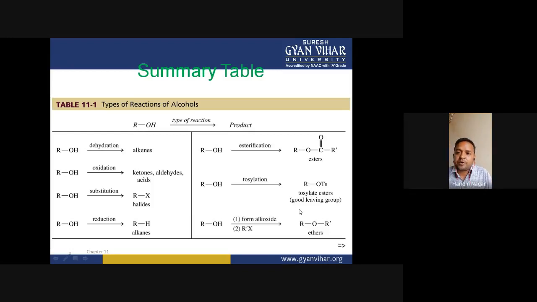And why is this compound very important? Because in the tosylate ester, the tosyl group is a very good leaving group to produce a different compound from the alcohol.